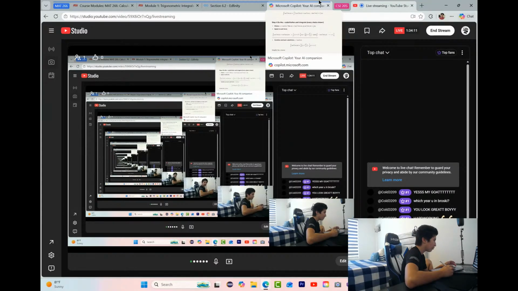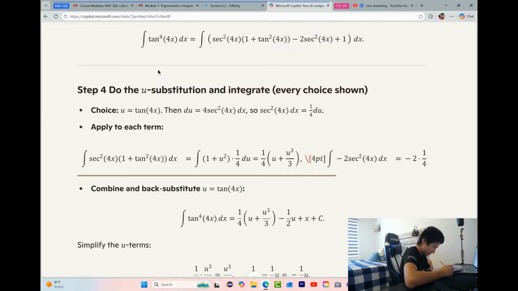Some more, yeah, more calculus here. Just can't square this tangent.